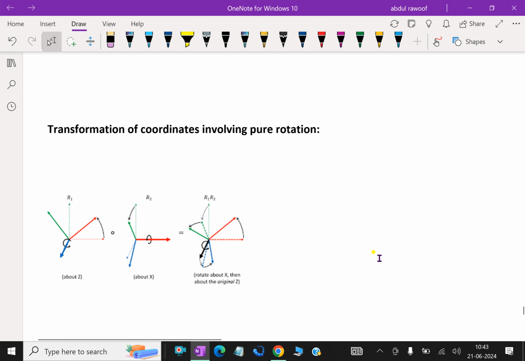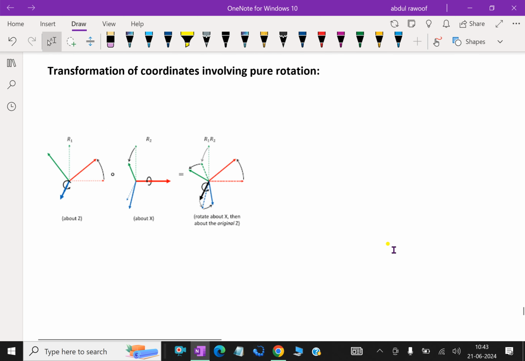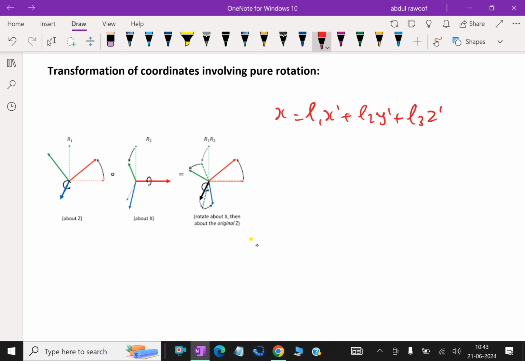Next, transformation of a coordinate involving pure rotation. In the xyz system, the coordinate system is rotated clockwise or anti-clockwise depending on the problem. Then we find x equals L1 x dash plus L2 y dash plus L3 z dash.